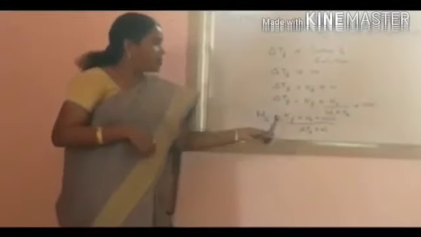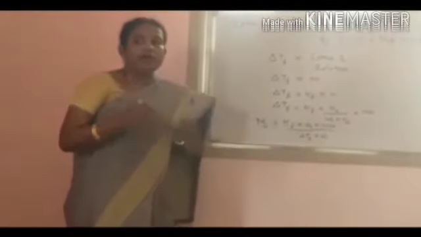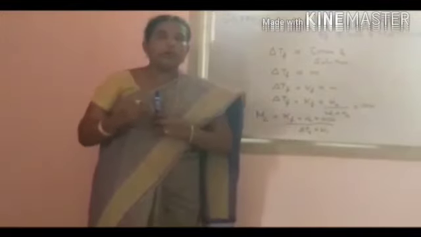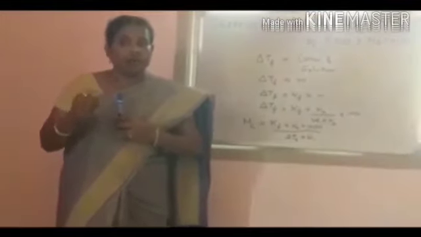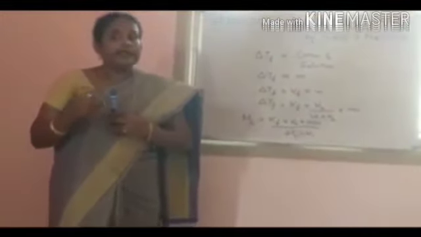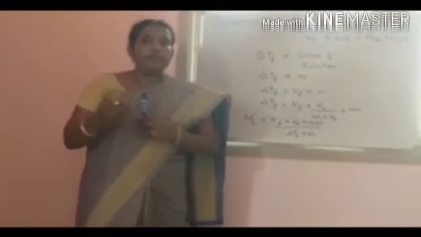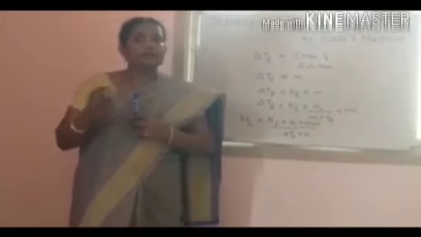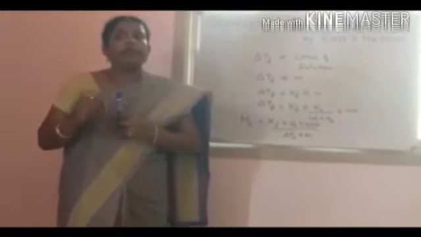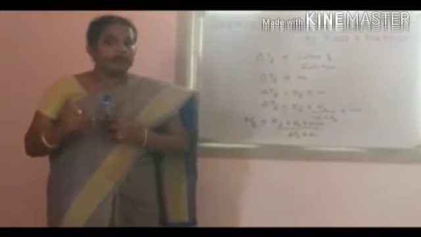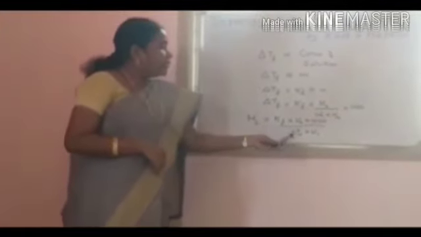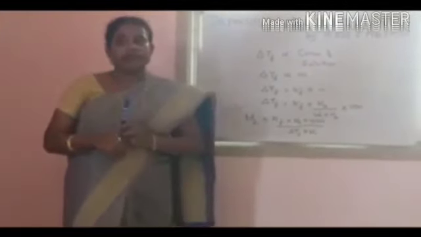In this expression, Kf is the molar depression constant or molar cryoscopic constant of a solvent, and it is defined as the depression of the freezing point which would be produced by dissolving 1 mole of the solute in 1000 gram of solvent. Delta Tf is the depression in freezing point.